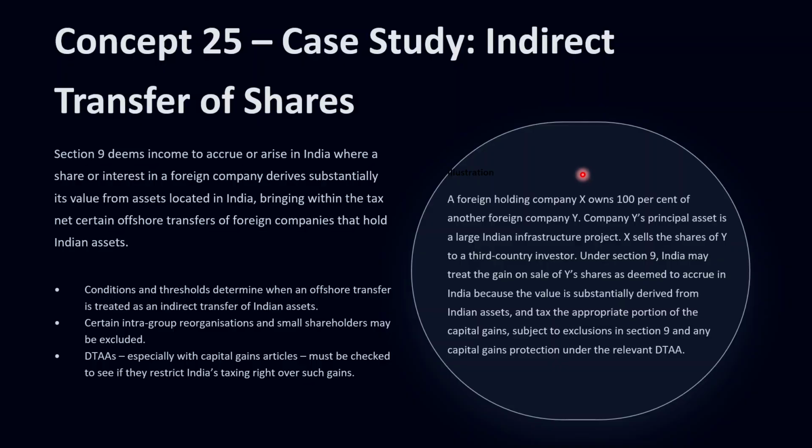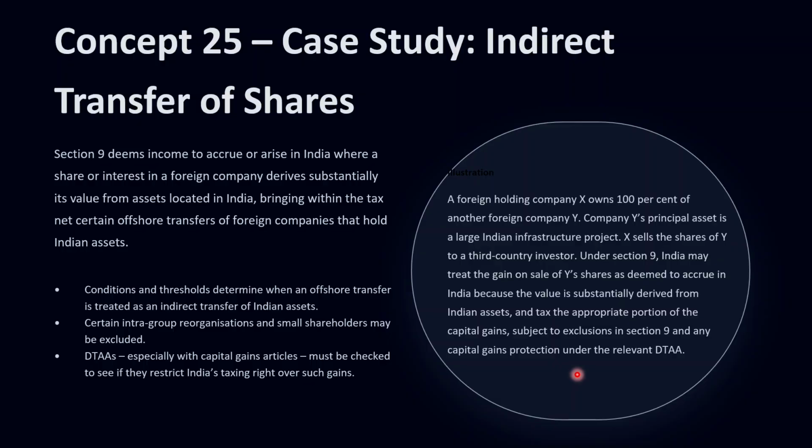But because Y's value is substantially derived from Indian assets, Section 9 can deem a portion of X's capital gains to accrue or arise in India, and India can tax that portion, subject, of course, to any capital gains articles in the relevant DTAAs that may restrict India's taxing rights.